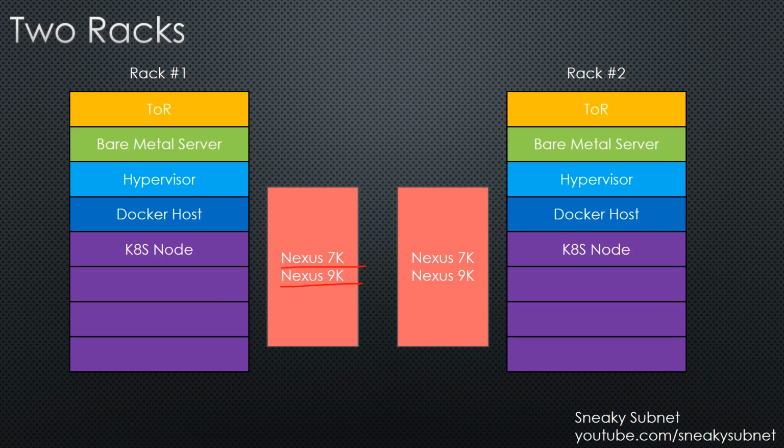They are highly available, they are redundant, etc. And we interconnect our racks via top of rack switches and via intermediate switch, which in our case is Nexus 7K or Nexus 9K. But we don't want high availability only inside this single box.